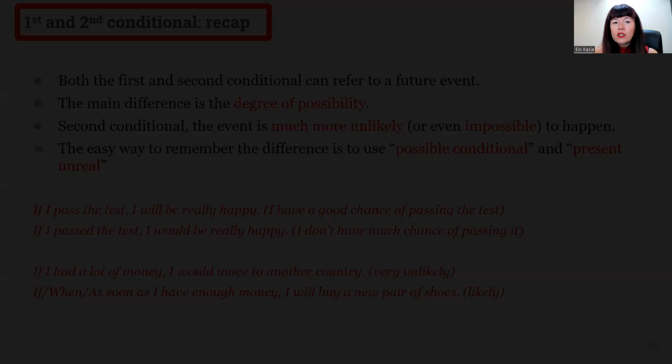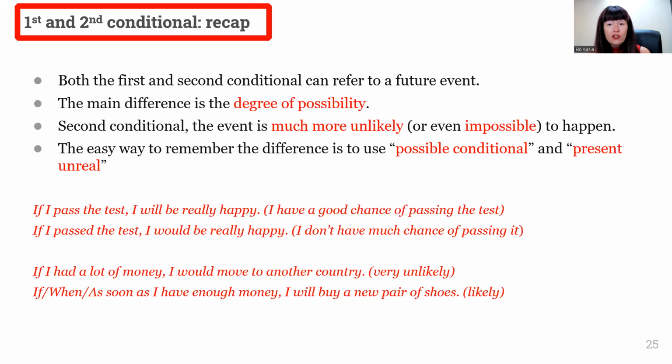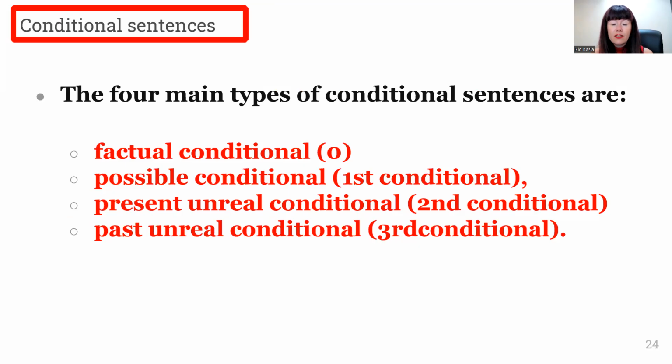So today we're going to have a look at the first conditional and the second conditional, and we'll try to compare and contrast the two. Both the first and second conditional can refer to a future event. The main difference between the first and the second is the degree of possibility. The first one is a possible conditional.